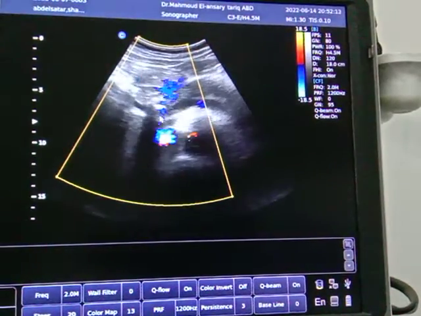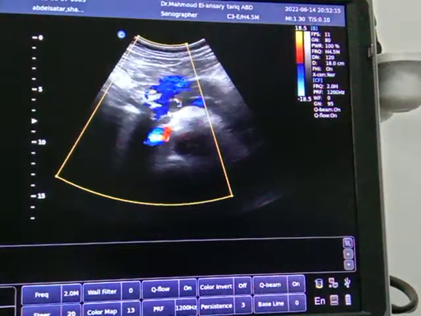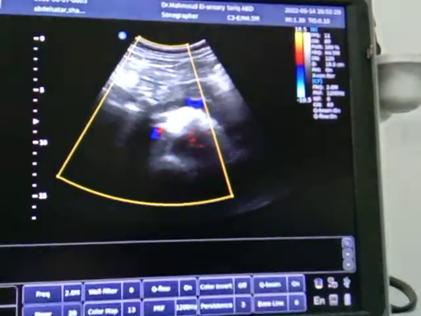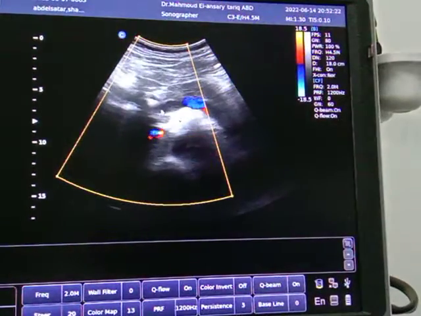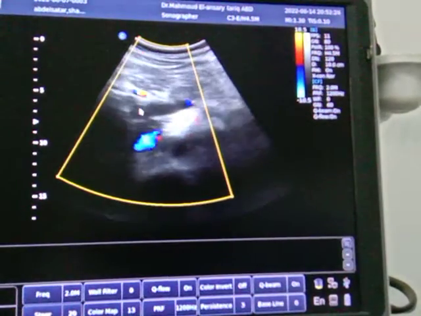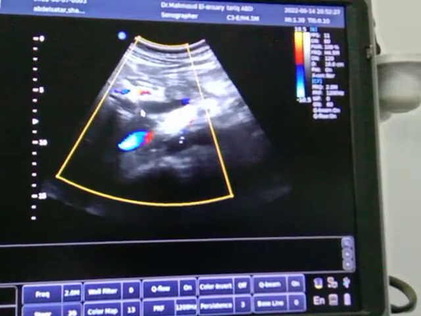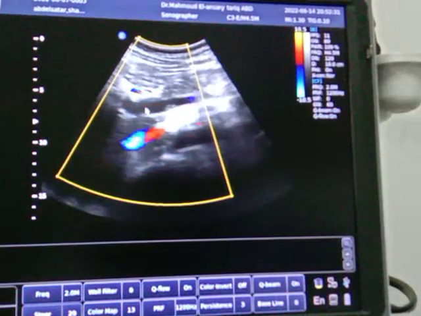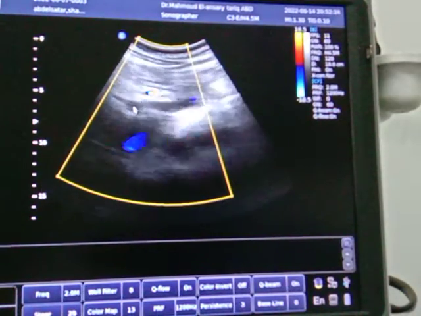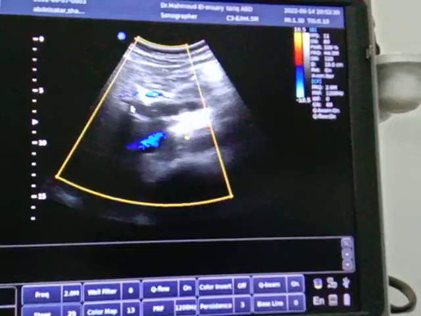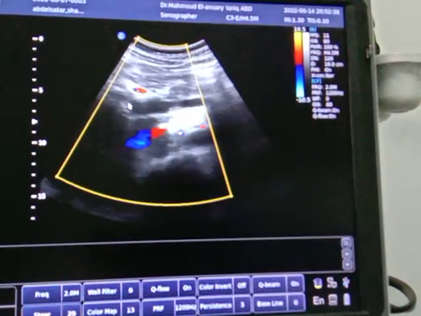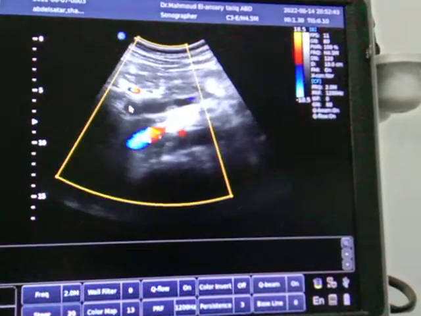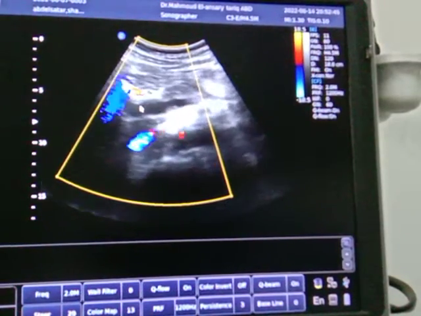There is no flow whatsoever, only very faint flow in the confluence. And in the portal vein itself, if we trace it at the same level, there is no flow. So as there is no flow, there is portal vein thrombosis. This case is a case report: ERCP, plastic stenting, and portal vein thrombosis.